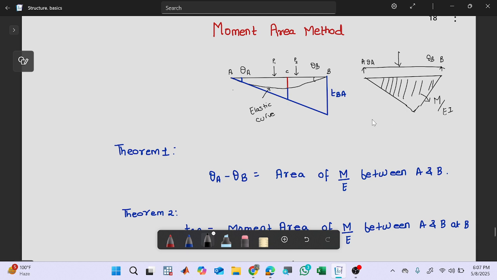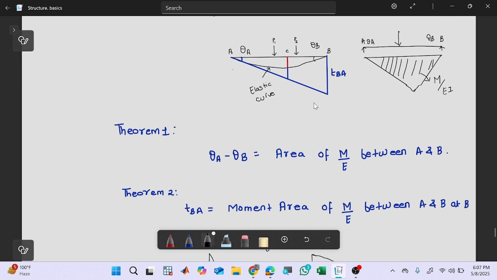And according to theorem 2, we will define one more term, TBA. What is TBA? Let's understand this first.